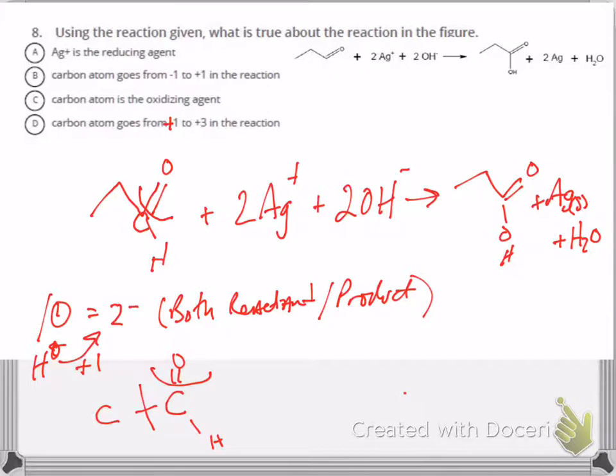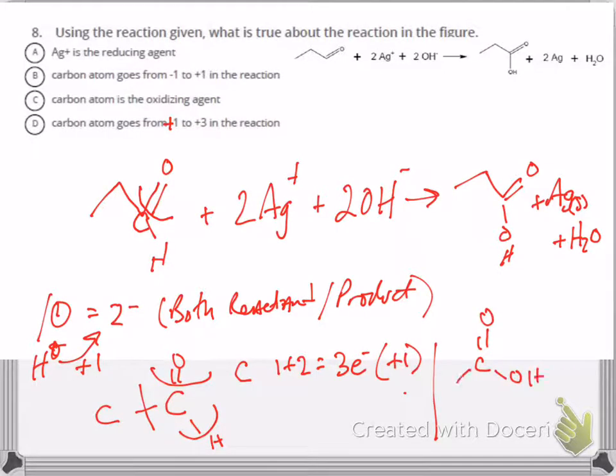The carbon-carbon bond will be cut in half, and we give all bonding electrons to carbon from the carbon-hydrogen bond. That results in 1 plus 2 to make 3 total electrons around that carbon, giving it a charge of +1.